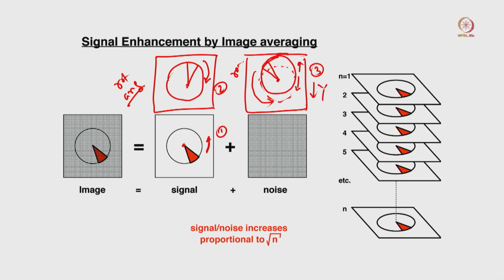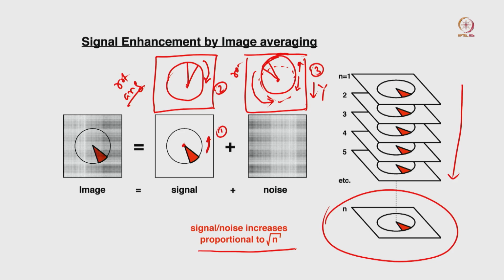We calculate all of them, align them together, and then calculate the final average. The signal to noise ratio increases proportionally to the square root of n. That is one thing: if you have more and more particles, it is always good, it will give you better 2D class averages.